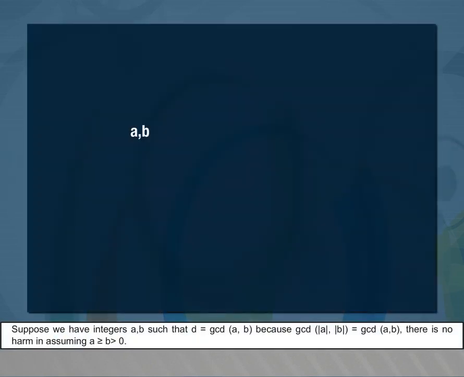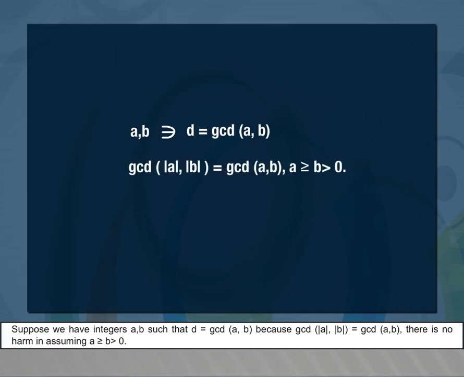Suppose we have integers a, b such that d is equal to GCD of a, b, because GCD of modulus a, modulus b is equal to GCD of a, b. There is no harm in assuming a is greater than or equal to b, which is greater than 0.